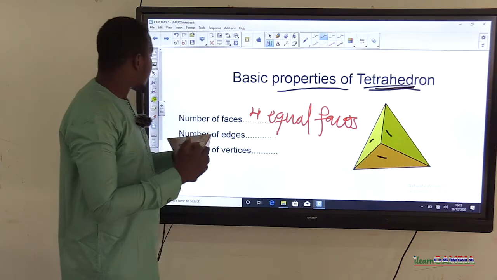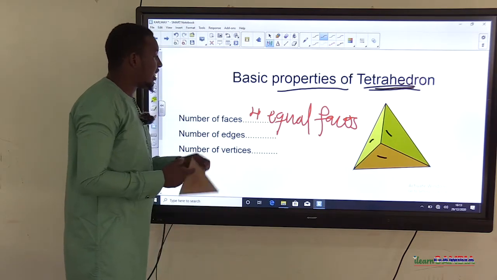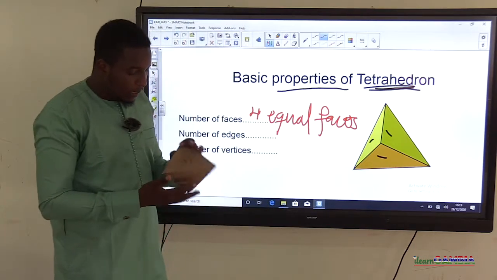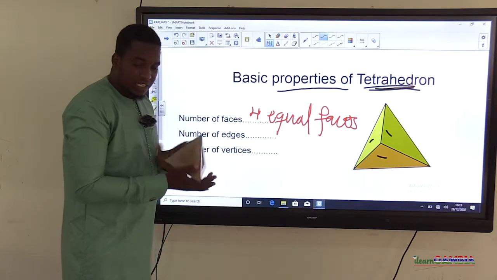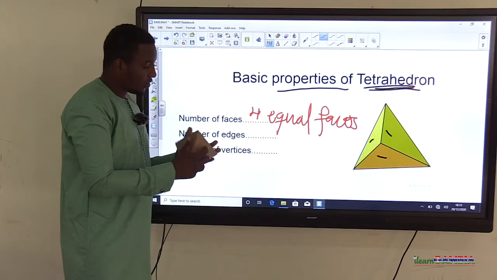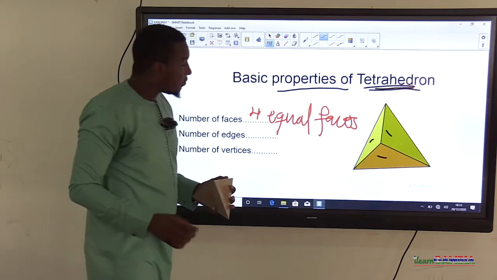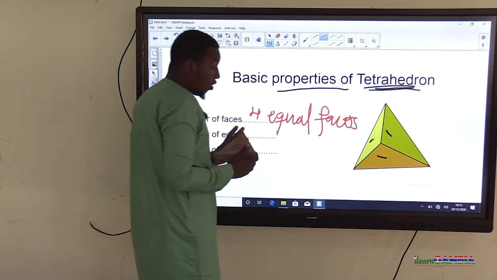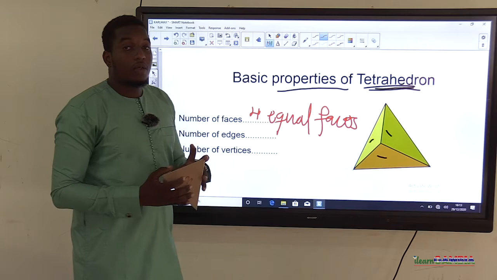From the number of faces, we move to the number of edges. How many edges does a tetrahedron have? Since they have 4 equal faces, it means all the edges also have to be equal.